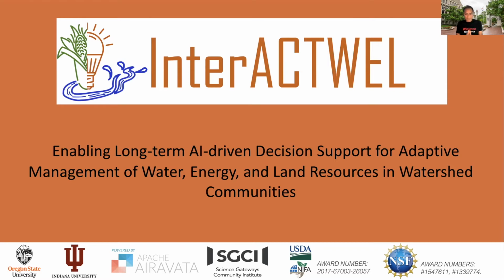So the example I'm going to show you here is using an AI-driven decision-making support system on combining the water, energy, and land resources, so that each of these communities, the water community, energy, and land communities, can make their decisions on natural resources.